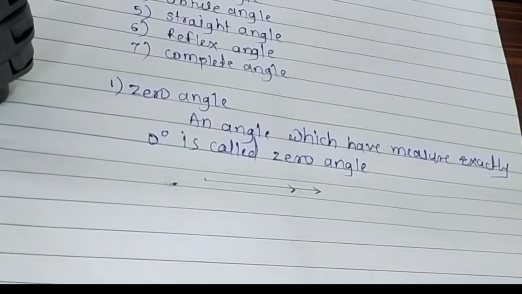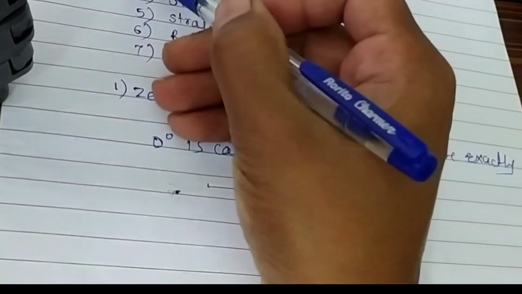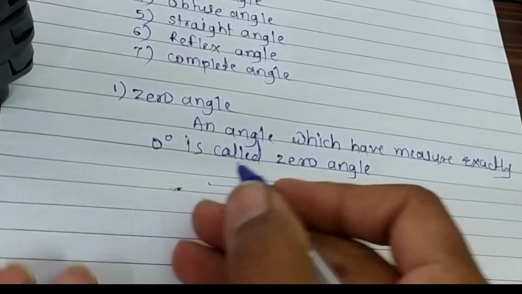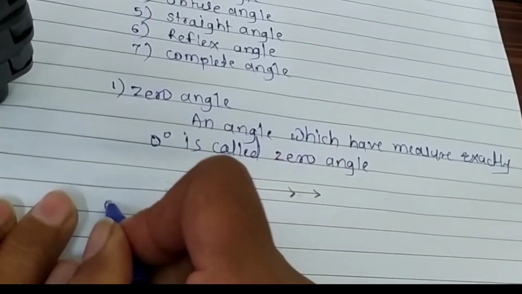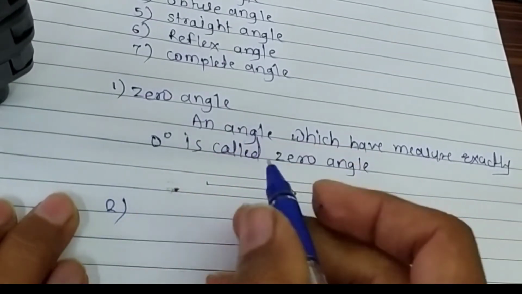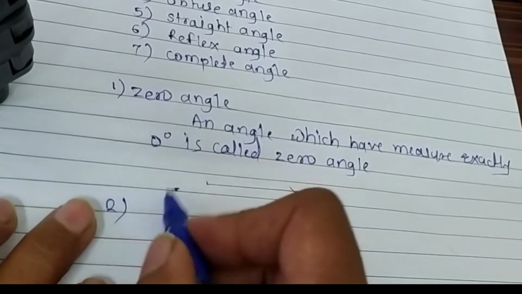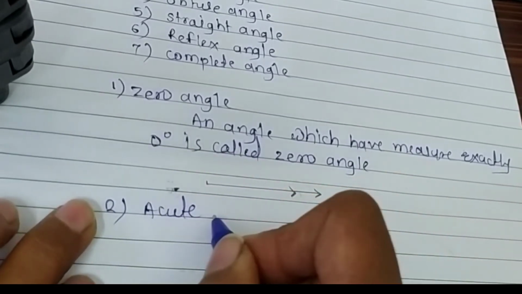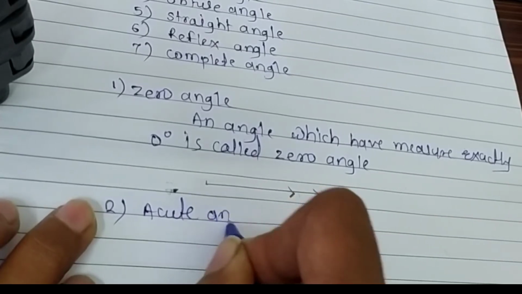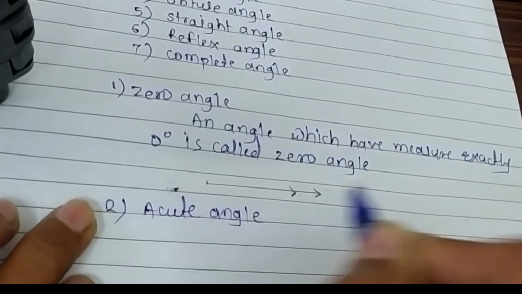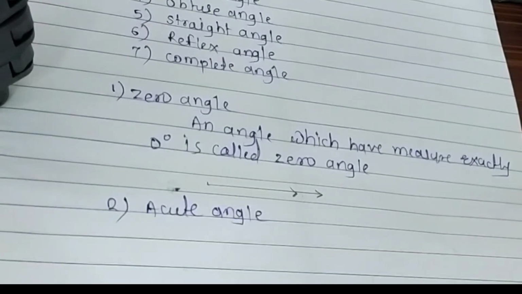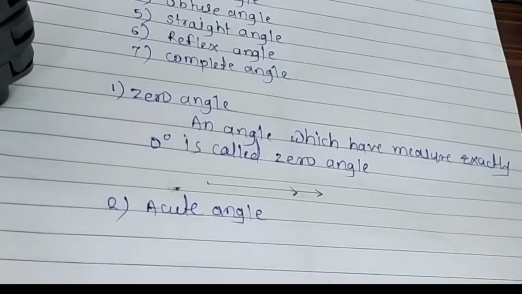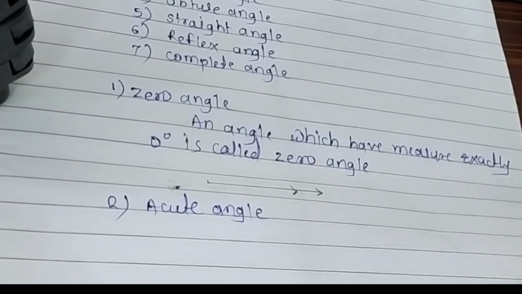The next type is acute angle. So what is the definition of an acute angle?